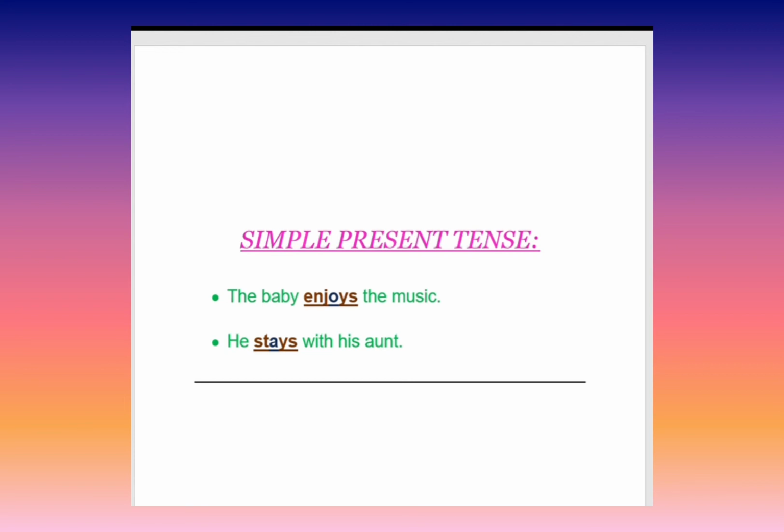Now you can see the vowels. You know the vowels A, E, I. Here the vowels are written in blue, and before y the vowels are placed, and after y we are adding only s, not ies, like enjoys, stays. Okay.